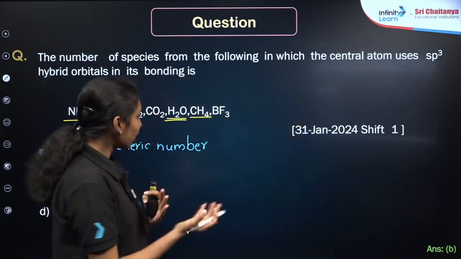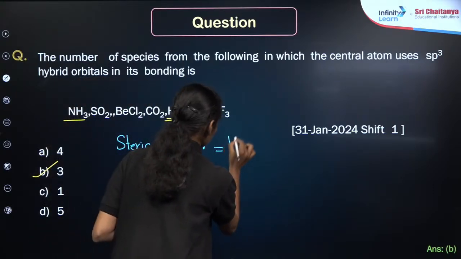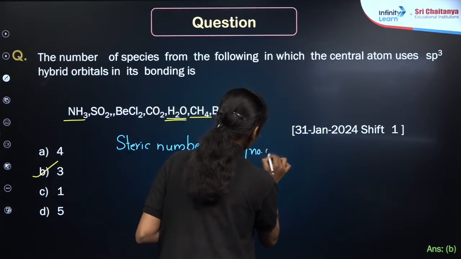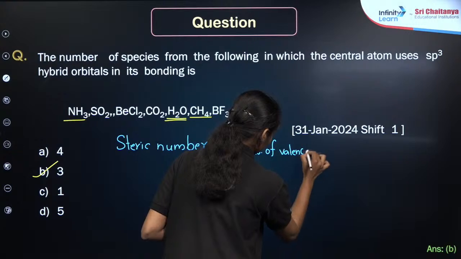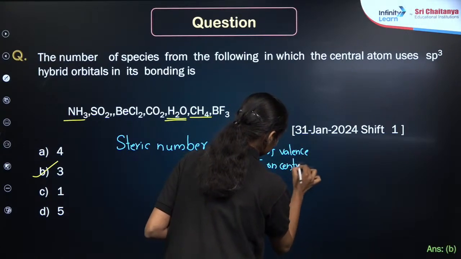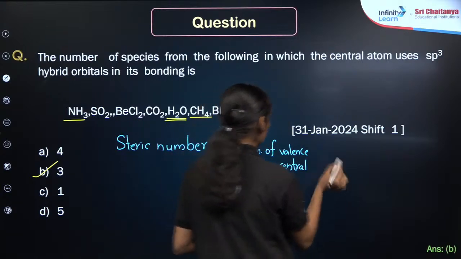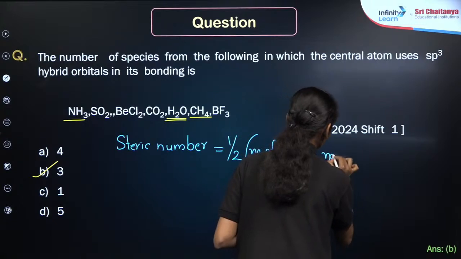Otherwise, whenever we are having any charged species, we can calculate the steric number using this formula also, right? Half into the number of valence electrons on the central metal atom plus the number of monovalent atoms.